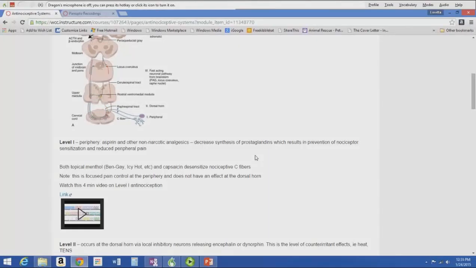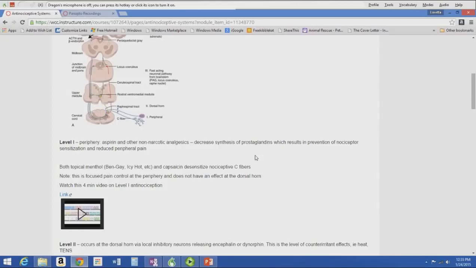We have molecules called prostaglandins, which stimulate nociceptors. Aspirin and other non-narcotic analgesics decrease the synthesis of prostaglandins, so it prevents nociceptor sensitization, and it reduces peripheral pain.